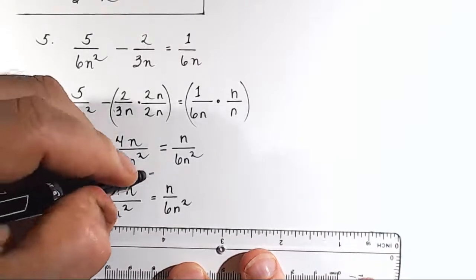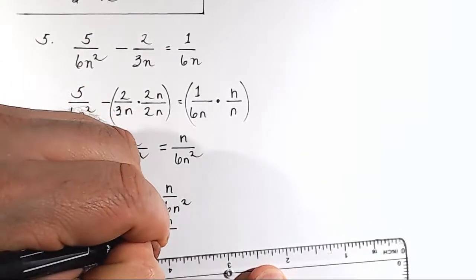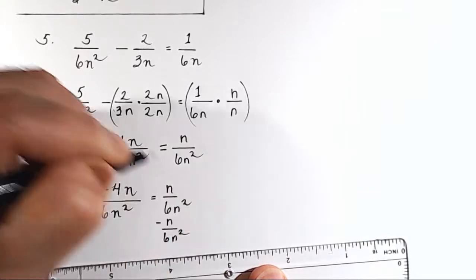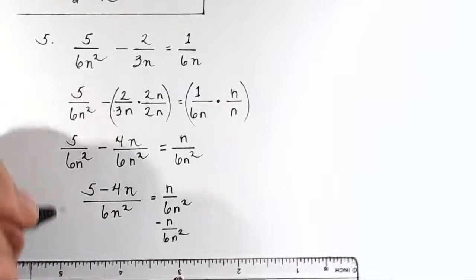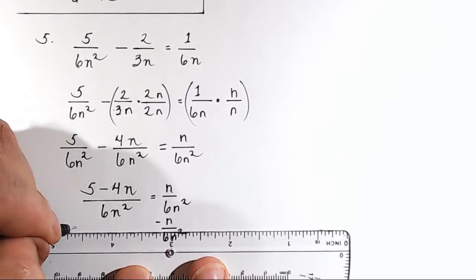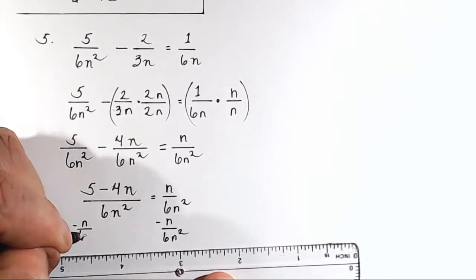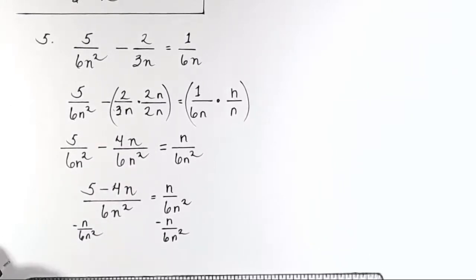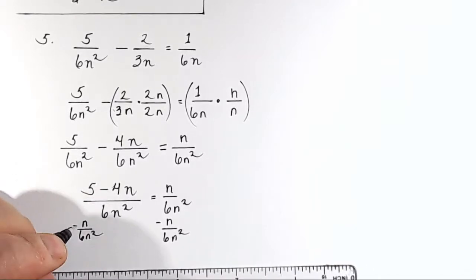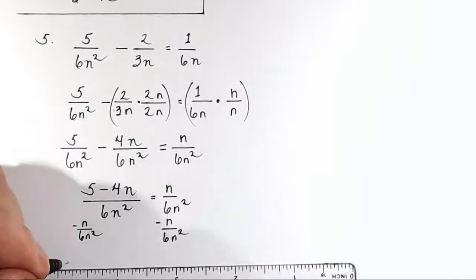And now I can subtract n over 6n squared from both sides to get every n on the same side of the equation. So let's do that. Now on the left side, I'll do the same thing, minus n over 6n squared. And here's what that looks like in practice. We're just going to tack this minus n onto the end of the expression.